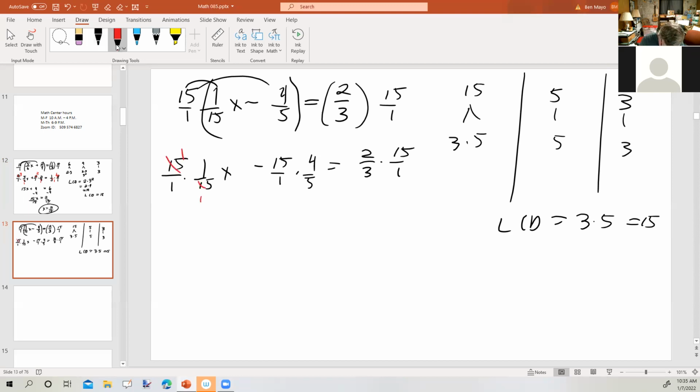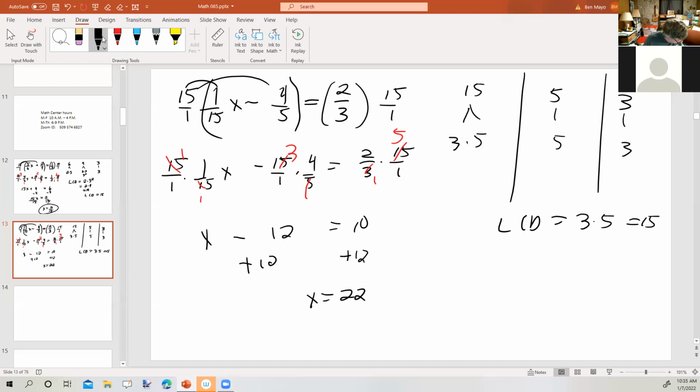The 15 is reduced down to 1 over 1. 1 times x is x, minus 15 over 5 is 3 over 1, so minus 12 equals 15 over 3 is 5 over 1 equals 10. We've cleared the fractions. Add 12 to both sides, x equals 22. Anyway, so there we have the process, how to find the least common denominator, and then how to use that to clear the fractions in an equation.